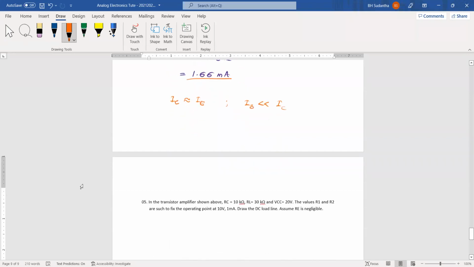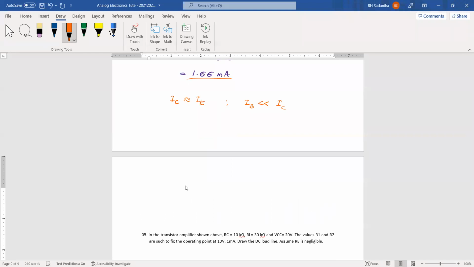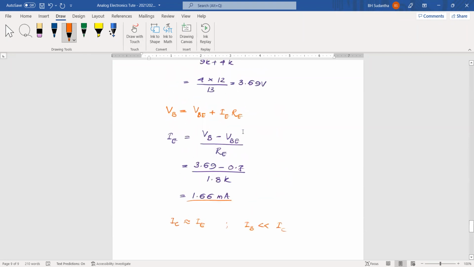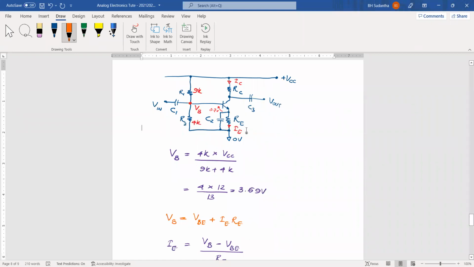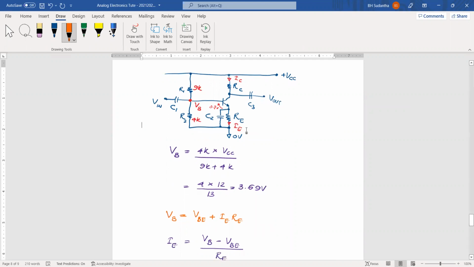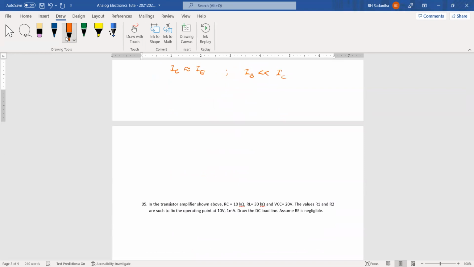With that approximation, we can write the equation for this part: VCC equals IC RC plus VCE plus IC RE.